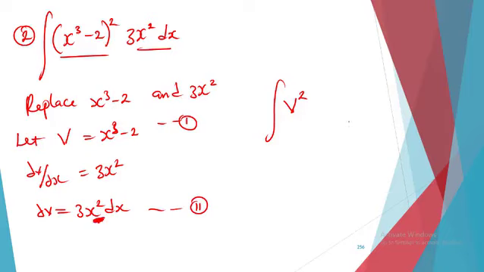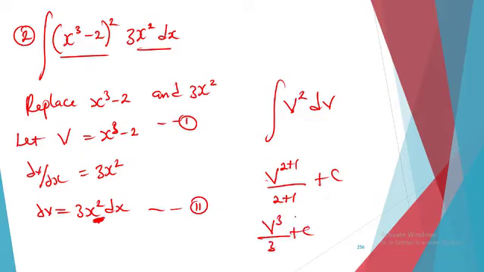So we have dv. To integrate this, we then have v to 2 plus 1, all over 2 plus 1, plus c. And that will give us v raised to power 3 all over 3 plus c.